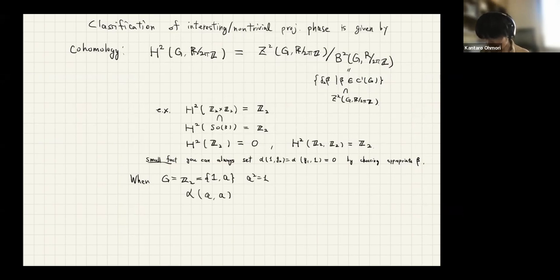Because of this small fact, the only thing we care about is alpha of (a, a), which lives in R over 2 pi Z or Z2, depending on the choice.